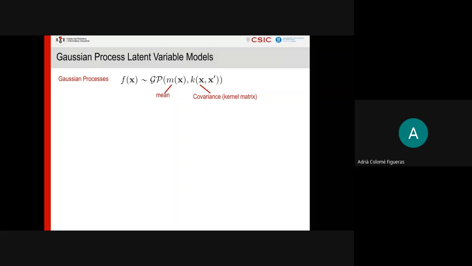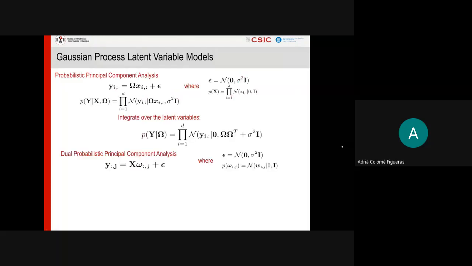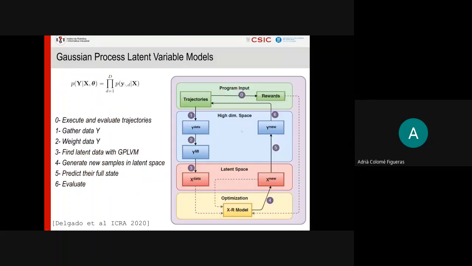This means that as you're optimizing for the latent space values, you can refine and push further the amount of dimensionality reduction that you're doing, and so end up in a smaller dimensional manifold. We applied this in learning robot motion in this scheme where we had some trajectory data, and this data was processed and projected into a much smaller dimensional latent space.